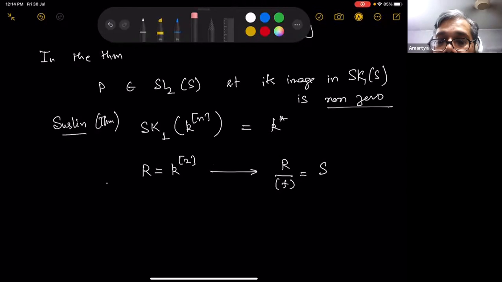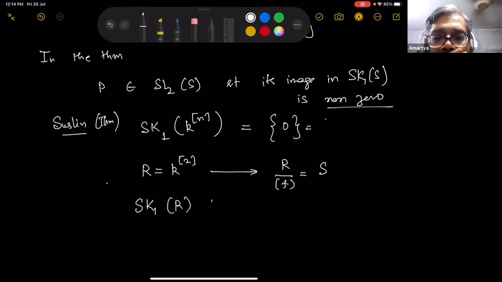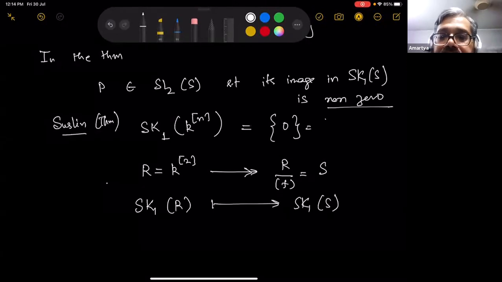No, so K star is not the right thing. So K star is identity. Identity 0. So this is Suslin's result. Yeah, because if you look at 1 as the identity, then this is the 1. So this is S, and so we have a map from SK1 of R to SK1 of S. Even if the map from R is surjective, this map need not be surjective. So this need not be surjective.